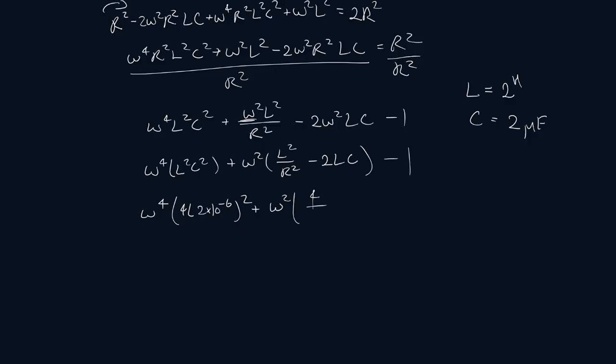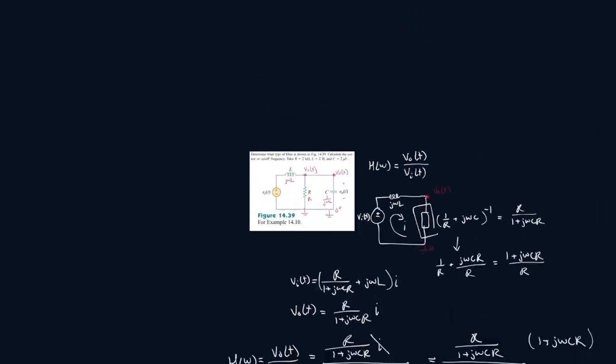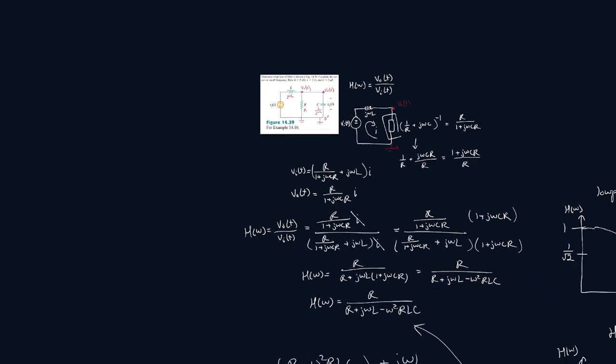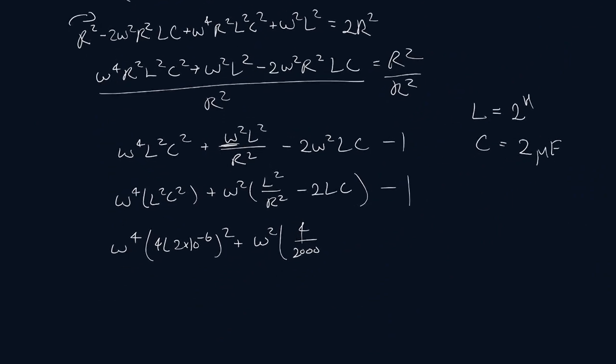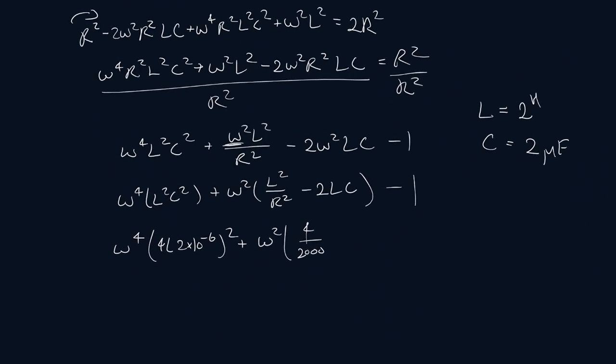What was the resistance? I think it was 2000, right? Yeah, 2 kilo ohms, so it's 2000. So 2000 squared, minus 2 times 2 times 2 times 10 to the power of minus 6, minus 1.